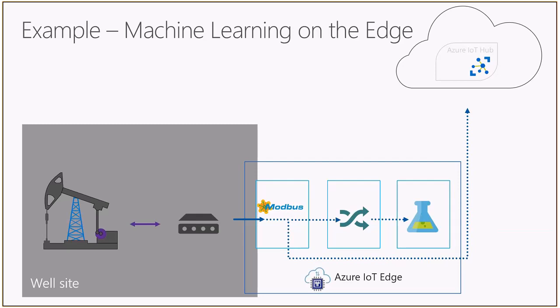And as it's scoring, it could find an anomaly, and when it finds an anomaly, a command can be sent back to either slow down the pump or to actually shut down the pump. And another path can be taken where data can be sent up to the cloud for alerting, as well as the same data can be fed into reinforcement learning for the machine learning model, so that it can keep learning from the data it's getting.